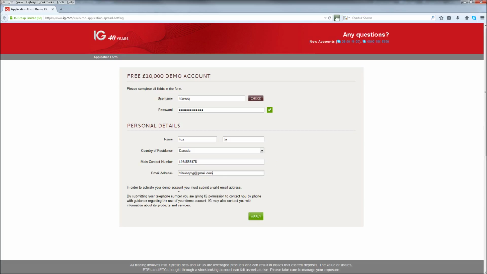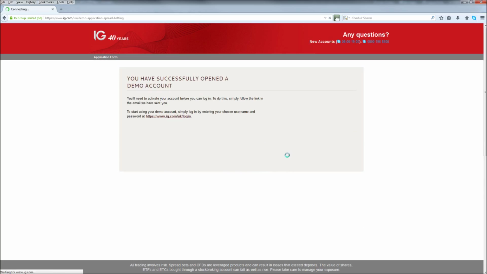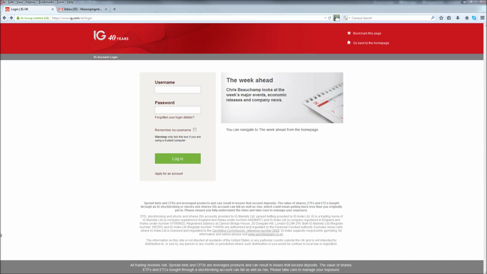I need a valid email address, so what should I use here? Okay, I'm just going to pause it here. It looks like I haven't received the email to activate it yet.